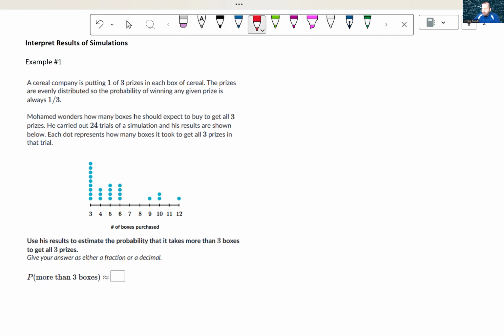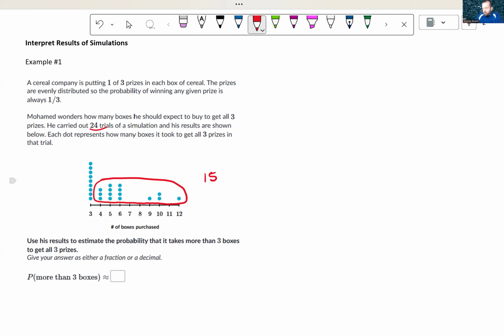So if we look at all of the numbers that are greater than 3, that would include all of these data points here. We're going to count up those data points and determine what our probability is. Here we have 15 data points, it looks like. If we count all these blue dots up here, we get 15 data points.